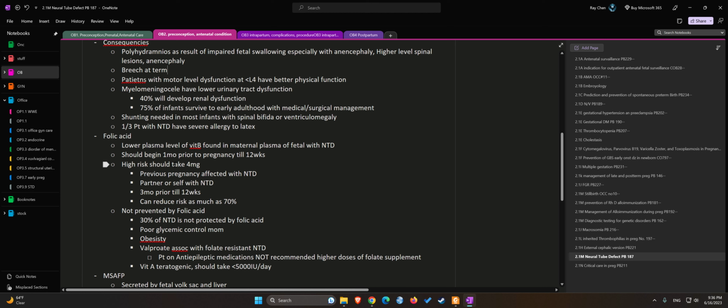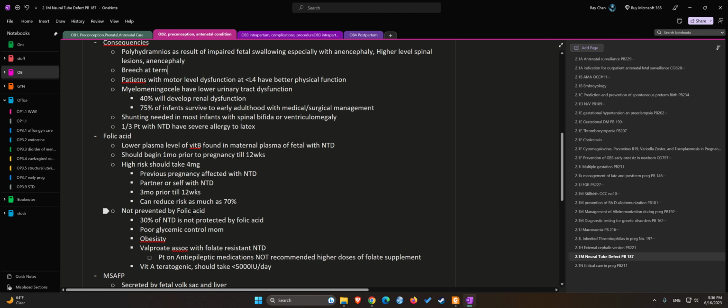High risk should take 4 milligrams. Who are the high-risk pregnancies? Previous pregnancy affected with NTD, partner or self with NTD: 3 months prior until 12 weeks. It can reduce the risk by as much as 70%.